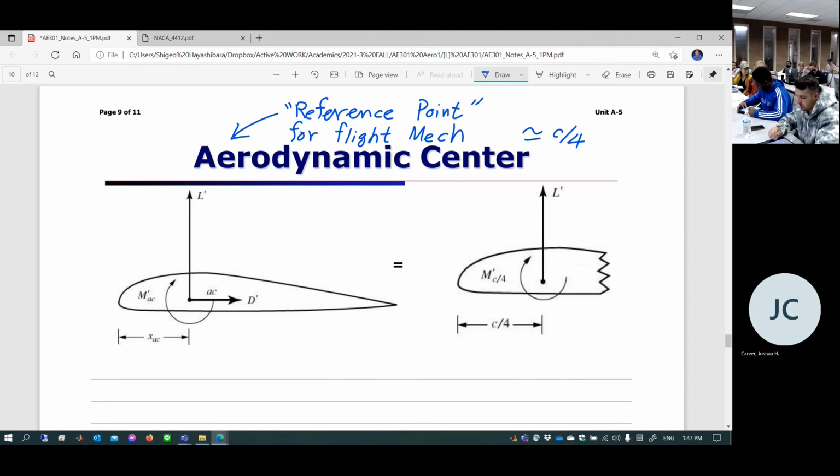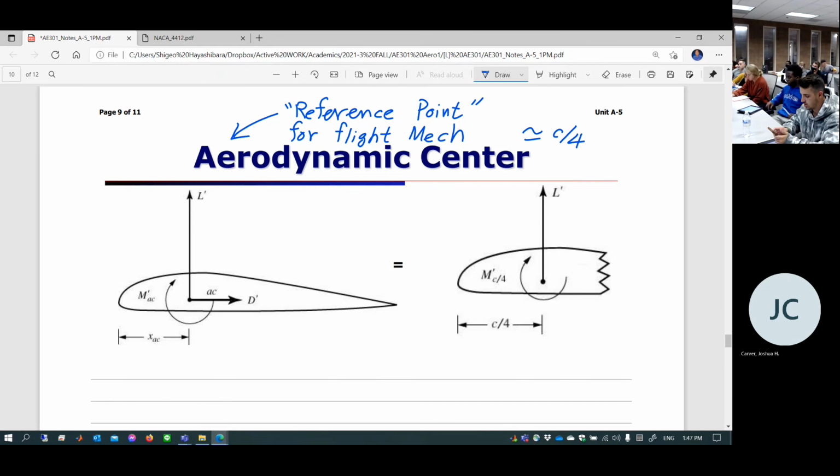Is the aerodynamic center generally found behind, to the right of the quarter chord? Actually, the aerodynamic center is at most quarter chord. It may shift slightly forward if you have a thicker wing. So it can only go left, it can only go this way.